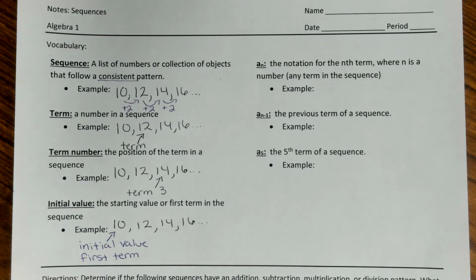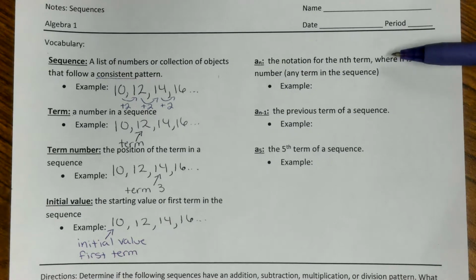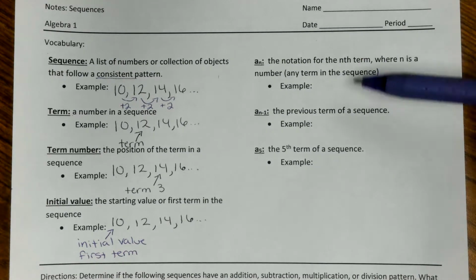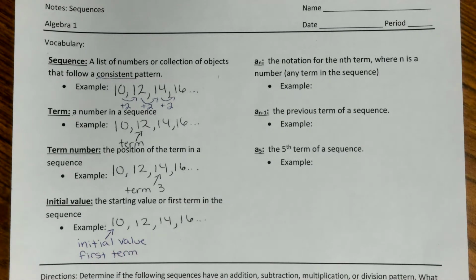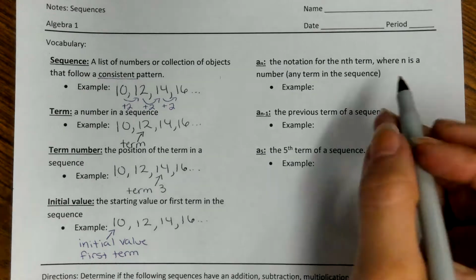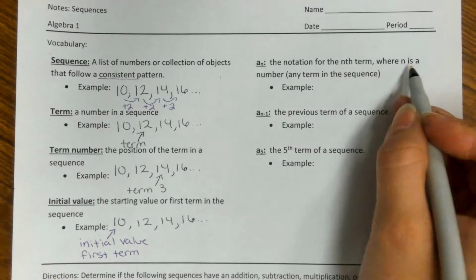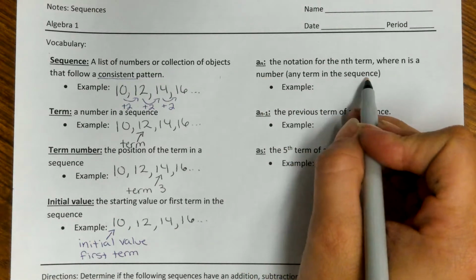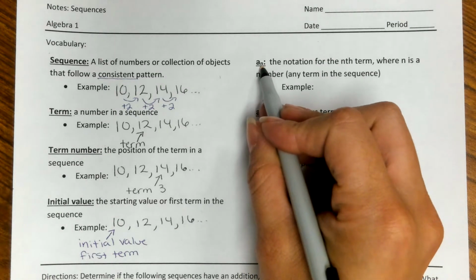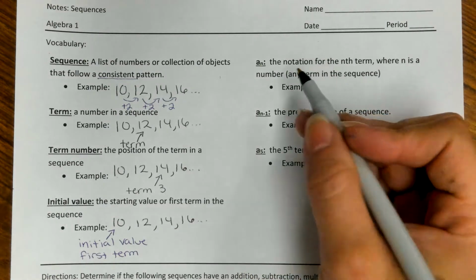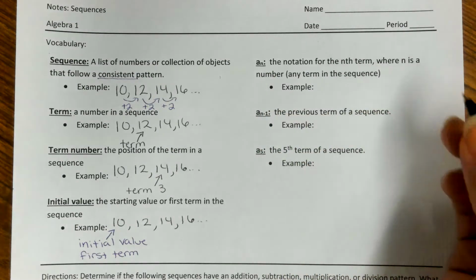All right. So then these next 3 vocabulary words are talking about the notation. So this is how we're going to write the different terms in the sequence. So the notation for the nth term, where n is a number or any term in the sequence. So n is supposed to be any number. It's a variable, so it's kind of like x.